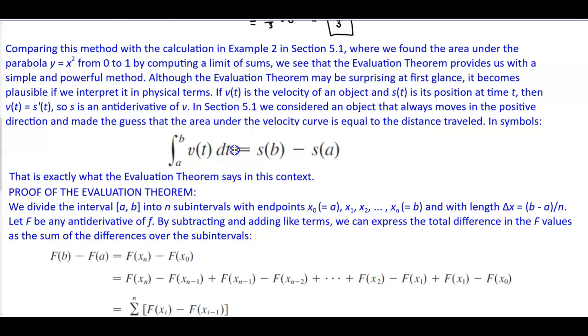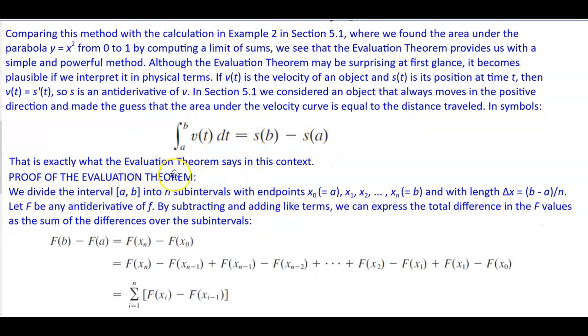So in symbols, we can say that the integral from a to b of the velocity function dt is equal to s of b minus s of a. You see here that we always start with the upper limit as the input and then subtract the lower limit as the input. This is exactly what the evaluation theorem says in this context.